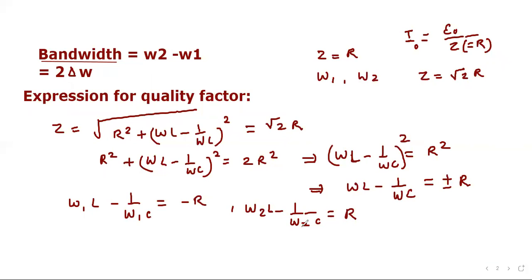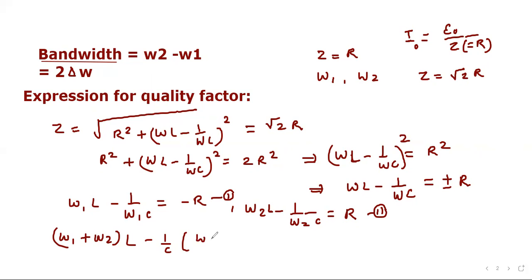Now, if we add these two, suppose this is 1, this is 2, on adding, minus R and plus R will cancel out. So we will get (omega 1 plus omega 2) times L minus 1 upon C times (1 upon omega 1 plus 1 upon omega 2).